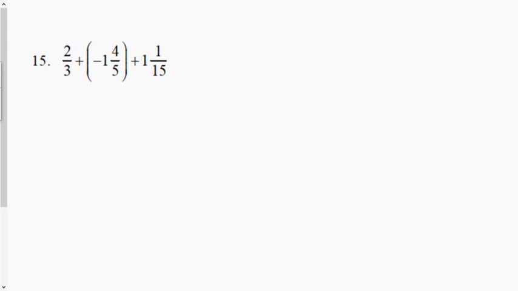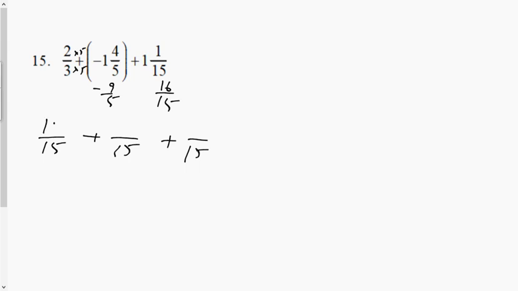Question 15, we have the addition of three fractions. It doesn't matter if there's 1, 2, or 3. We can make common denominators for all three. I'm going to change this first to negative 9/5. I'm going to change this to 16/15. So we're going to have, as equivalent fractions, positive 10/15 when I make this equivalent fraction.